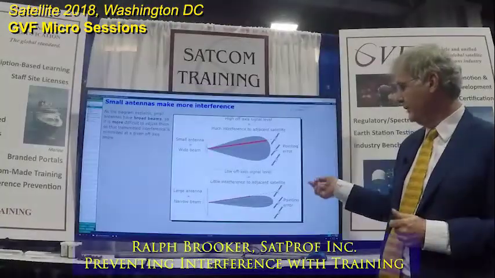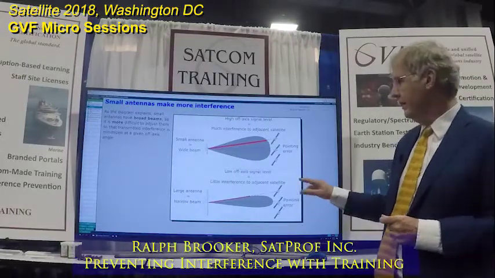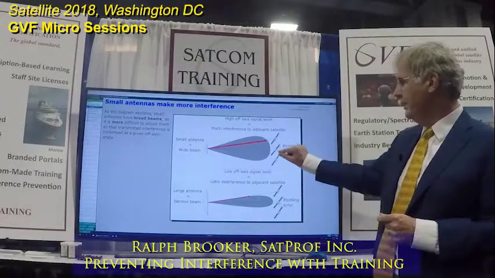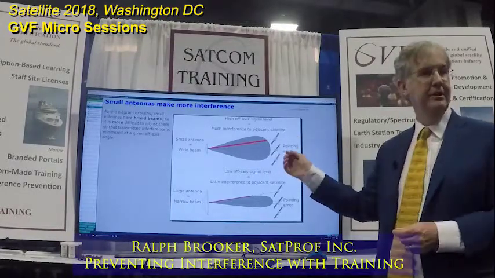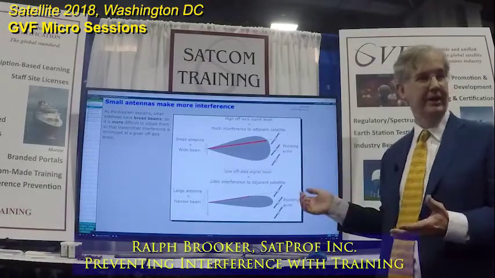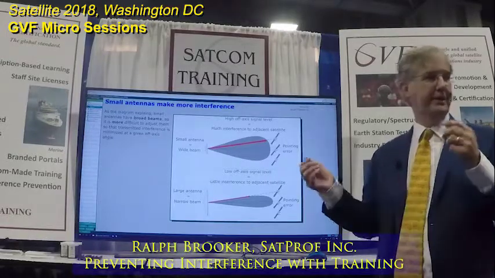And you can see here on this little diagram a more illustrative example. If you have a small antenna, by physics, small antennas always have wide beams. It doesn't matter what kind of antenna, if it's a flat panel, parabolic, anything.